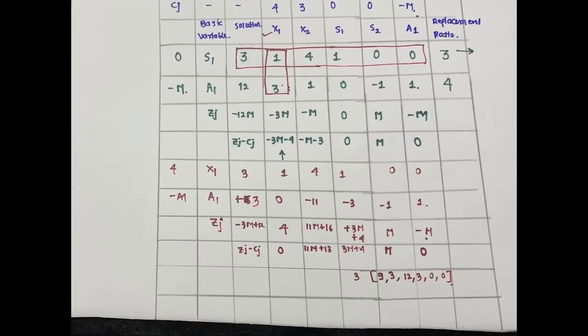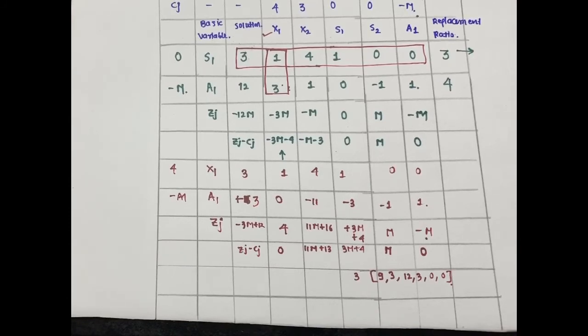The very first is your unique optimal case. Then we studied the multi-optimality condition, in which in the Zj minus Cj row the basic variables have the value 0, but along with that a non-basic variable also has its value as 0. So that is the case of multi-optimality that we discussed in the previous video.